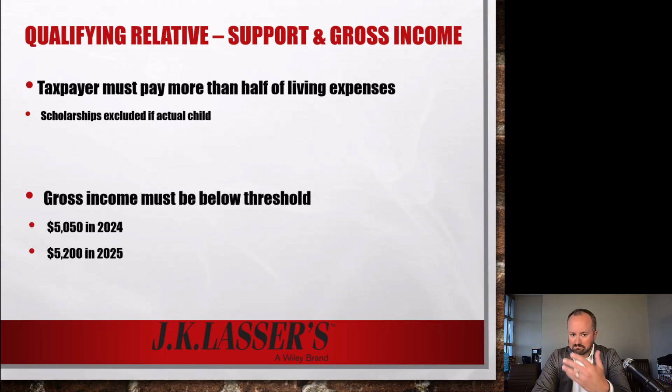Now you'll notice again, the scholarships of an actual child are excluded, but in a little bit different perspective. The qualifying child does not have a gross income test, but the qualifying relative does. And in order to be a qualifying relative, the potential dependent's gross income must be less than $5,050 in 2024, and that number gets adjusted for inflation every year.